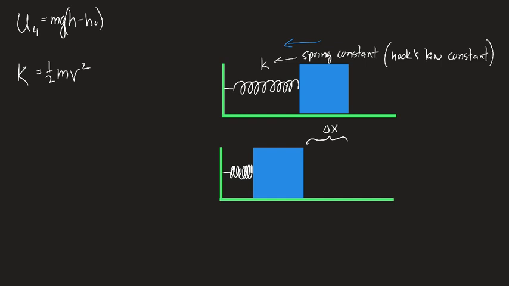This is known as elastic potential energy. And although I'm saying it about a spring, rubber bands have elastic potential energy, the bow from a bow and arrow would have elastic potential energy. Anything that you deform that springs back into its original shape has elastic potential energy. Even an inflated ball has elastic potential energy.